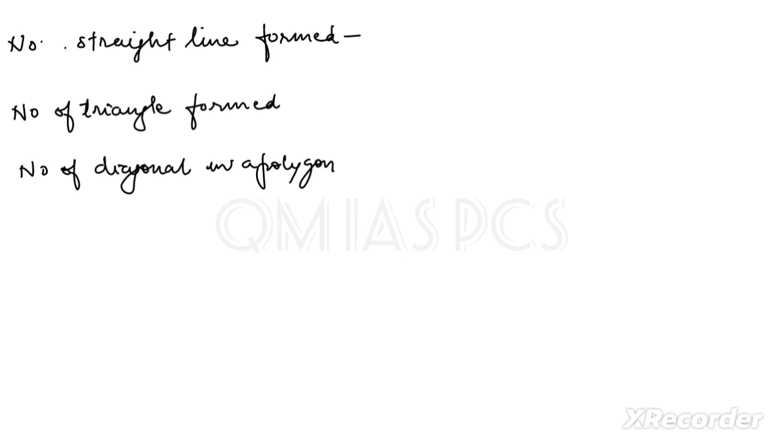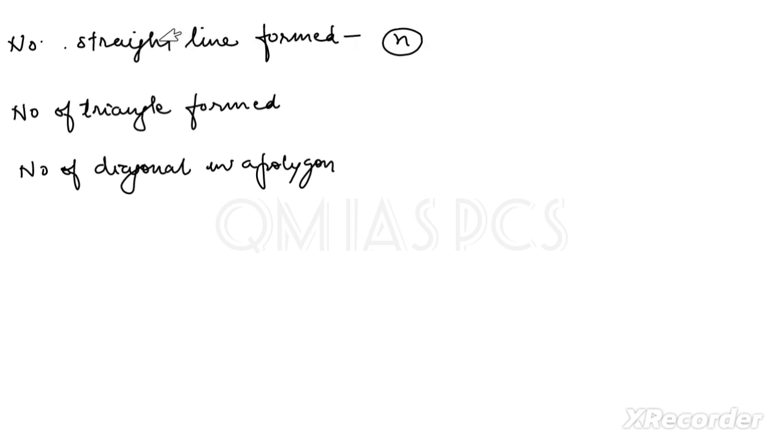See, I'm writing these formulas, but if you have the concept, you can derive the formulas. So the question is, we have to find the number of straight lines formed. There are n different points, and we have to find how many straight lines can be formed.